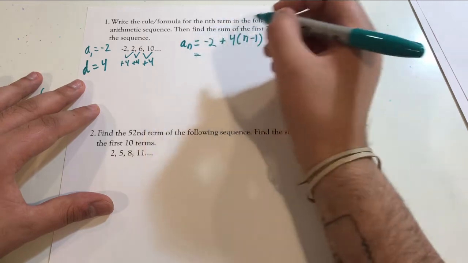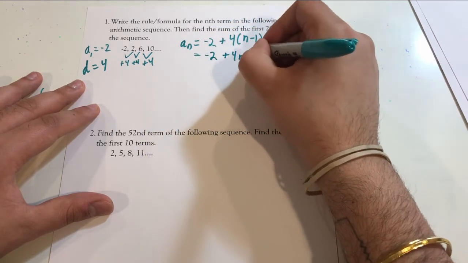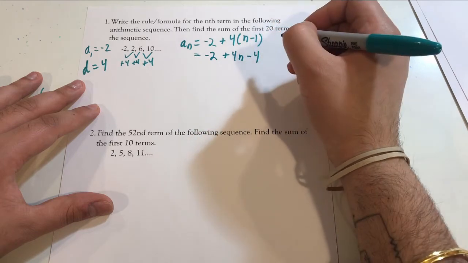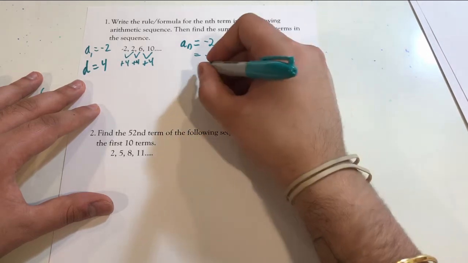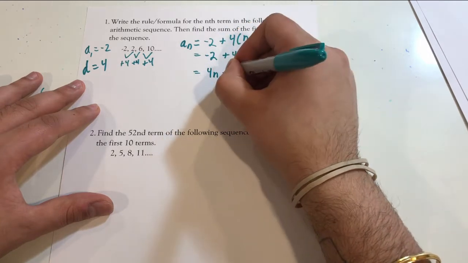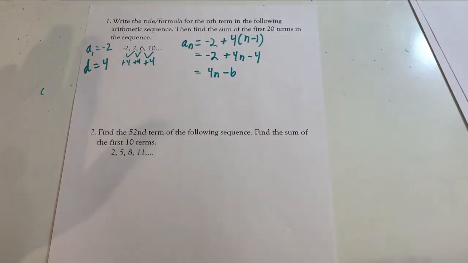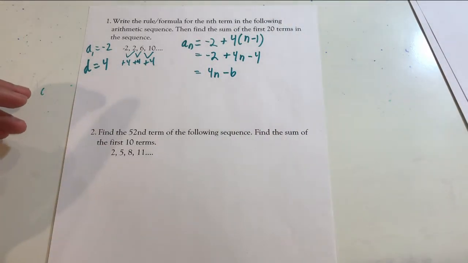Multiply this 4 out, you get -2 plus 4n minus 4, and then combine, and then you get 4n minus 6. And that's totally another valid way of writing the sequence.